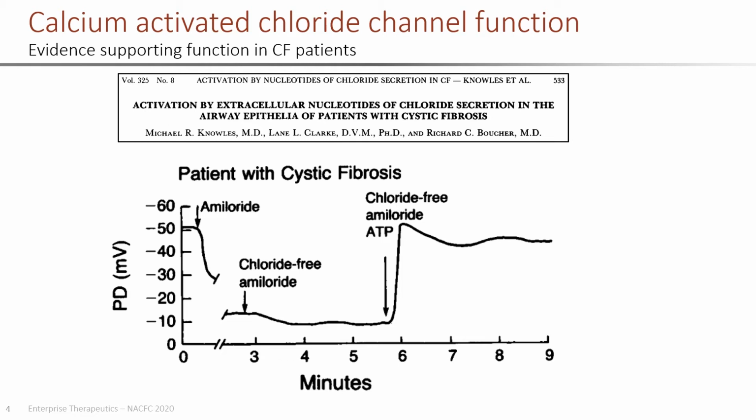That is until ATP is added into the nasal perfusate to stimulate the P2Y2 receptor, cause an increase in calcium within the nasal epithelium, and you can see under these conditions there's then a pronounced hyperpolarization of that nasal PD consistent with the activation of a calcium-dependent chloride channel.